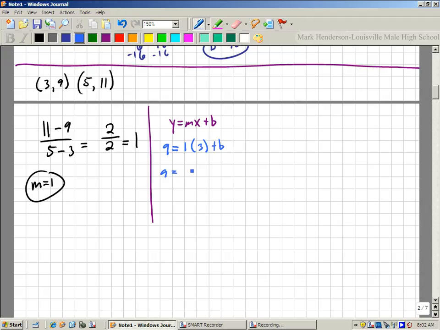So we get 9 equals 3 plus b. So b equals 6 if you subtract 3 from both sides. Then remember, you start with y equals mx plus b, and you get y equals 1x plus 6.